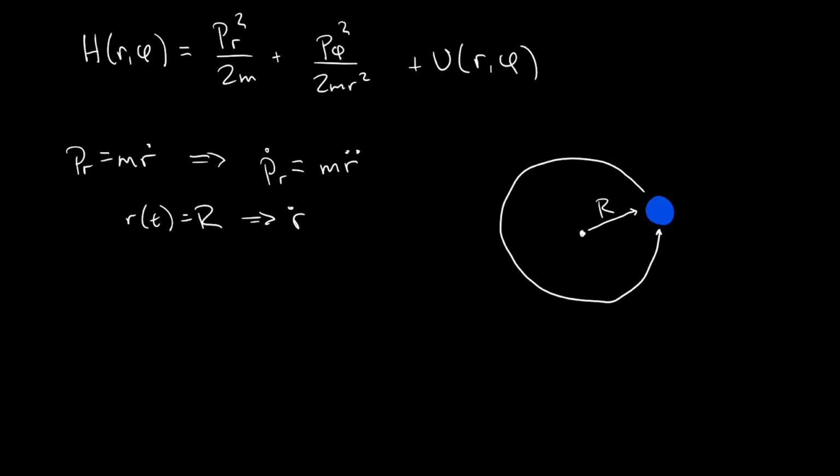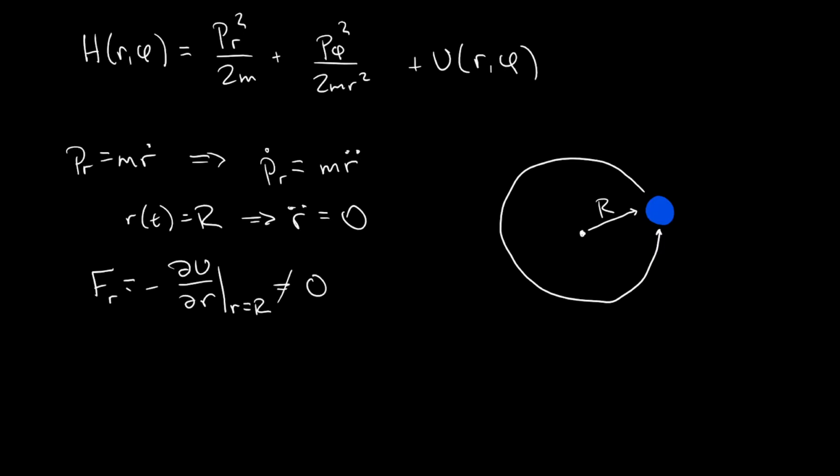Which means that r double dot is 0. But going back to classical mechanics, we know that the force equals minus dU/dr, evaluated at r equals big R. This is not equal to 0.